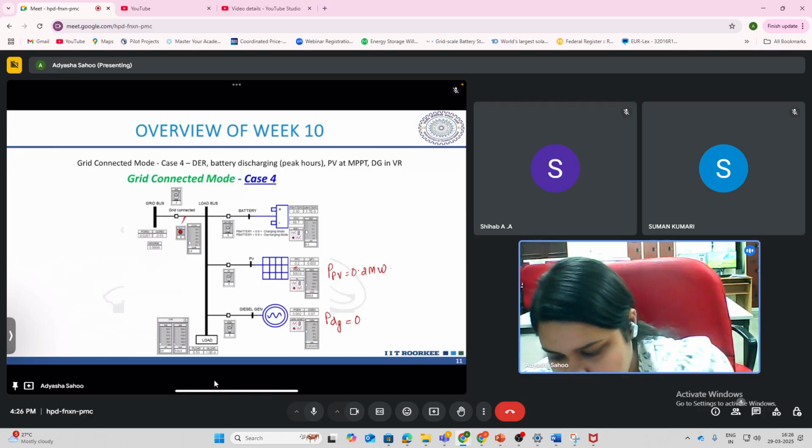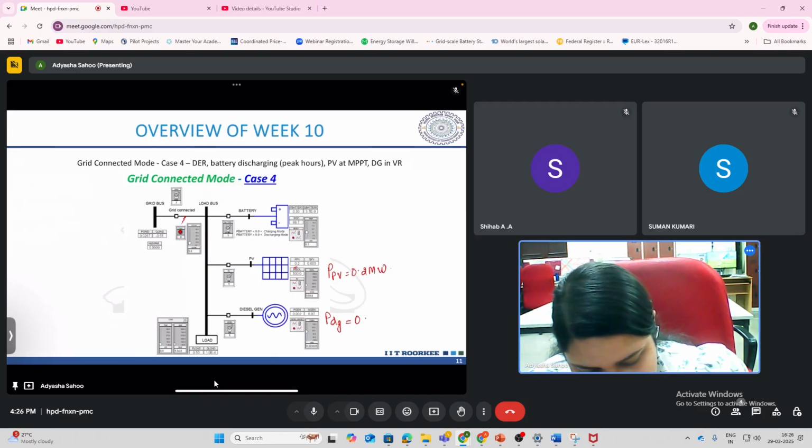Load is 0.5 and grid is 0.02, which is near about 0, we can say.